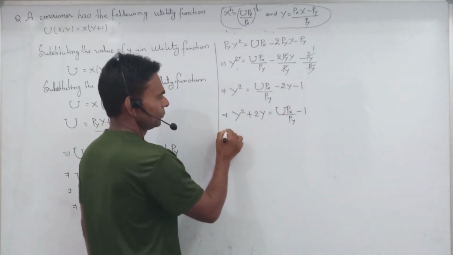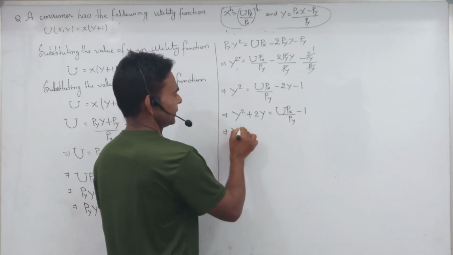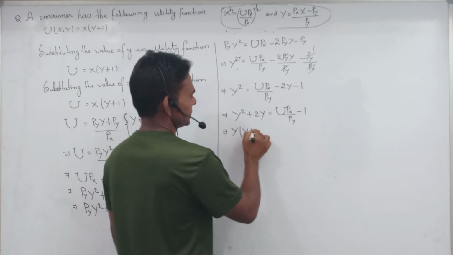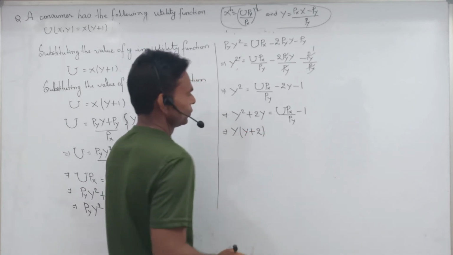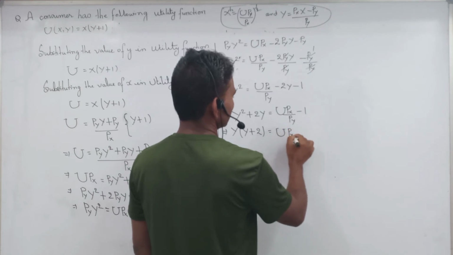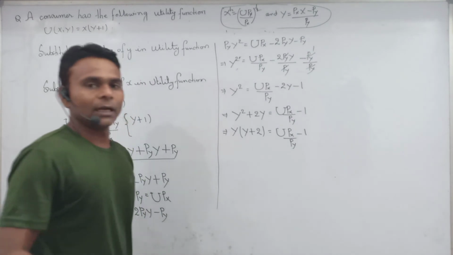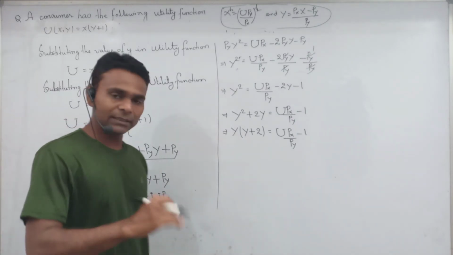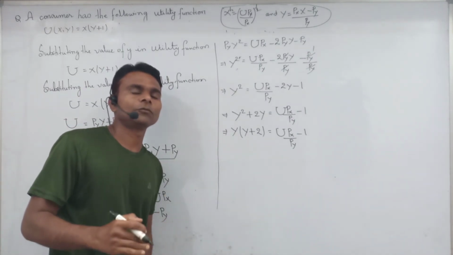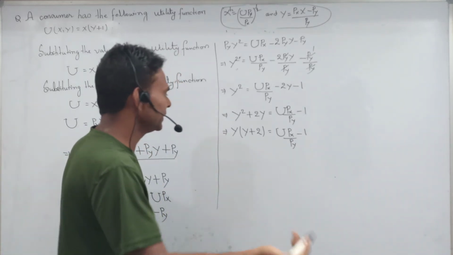Taking the common analysis, the LHS side: y plus 2 equals u times price of x by price of y minus 1. In this question we get two Hicksian demand functions for commodity y.